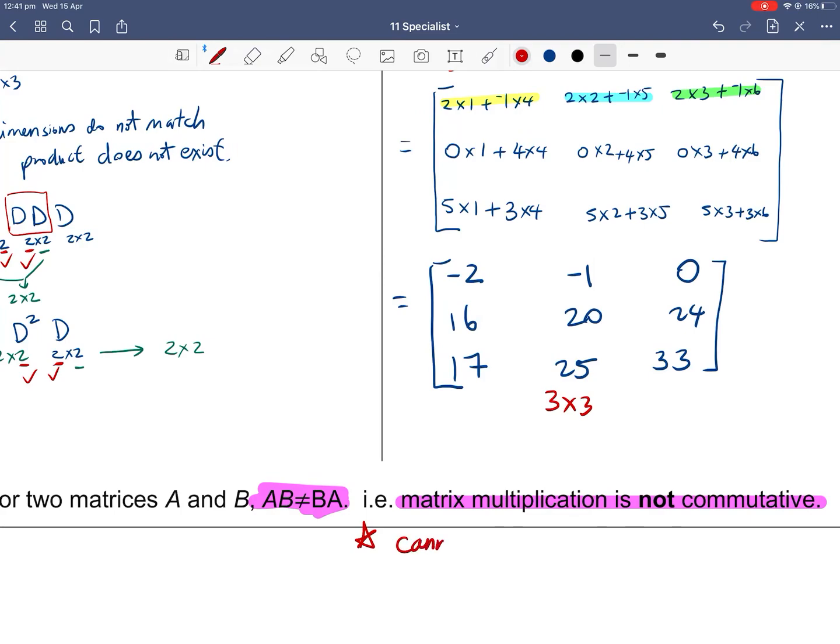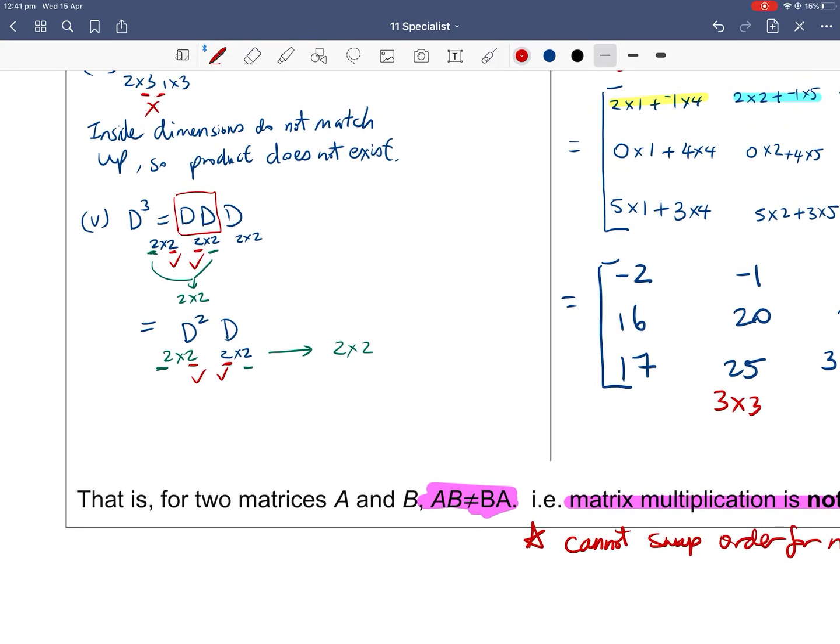So important point number 1: you cannot swap the order when multiplying matrices. And key point number 2: always please check the dimensions before multiplying.